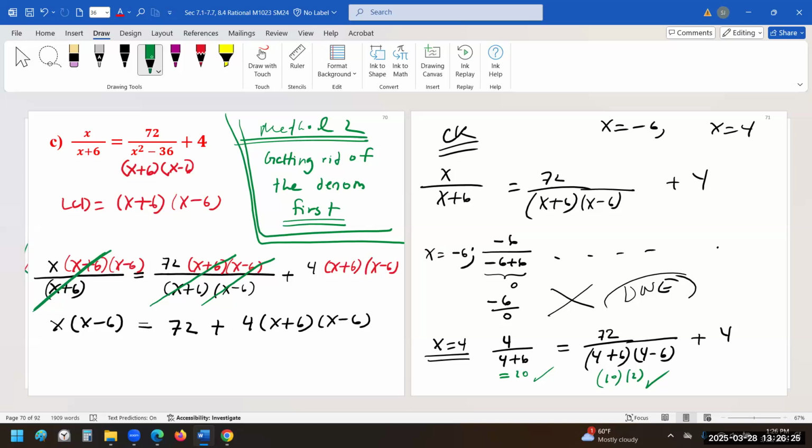You can use it as a way to test two methods. So you want to do this using the first method where you keep your denominator. Okay, no problem.